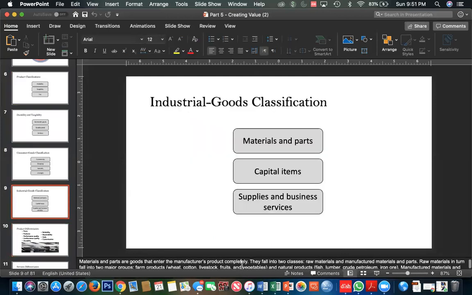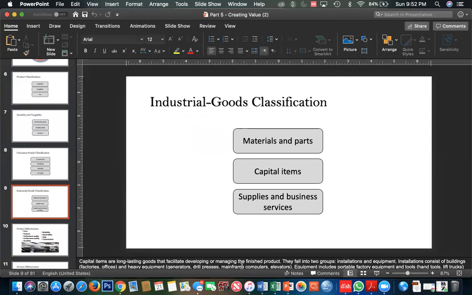The capital products are something that we need as an organization to create a finished product. Like the installations that we need as part of the purchase.